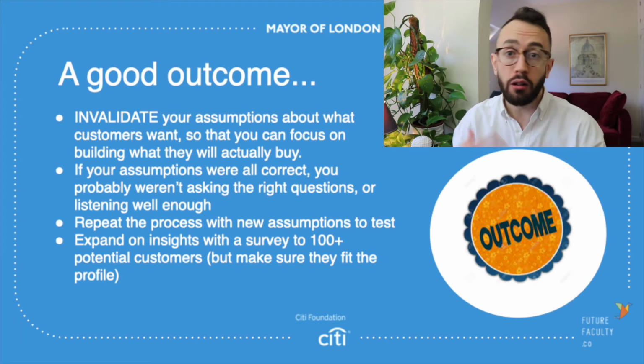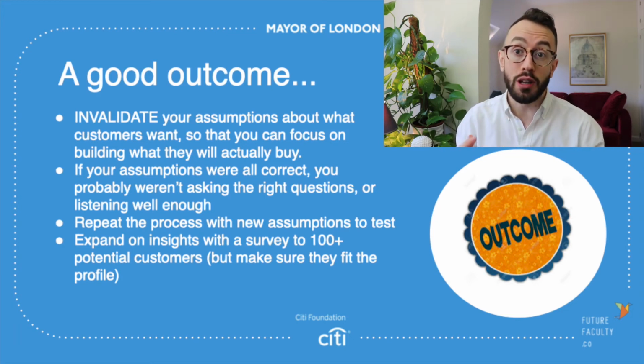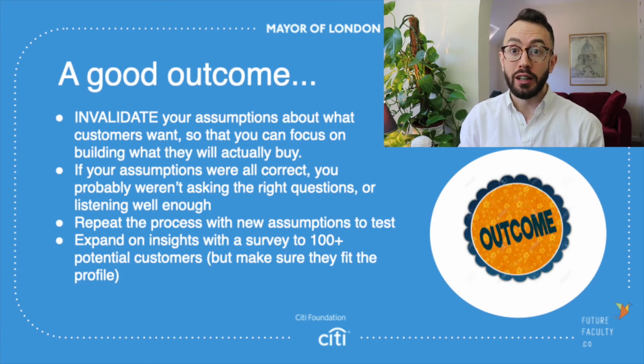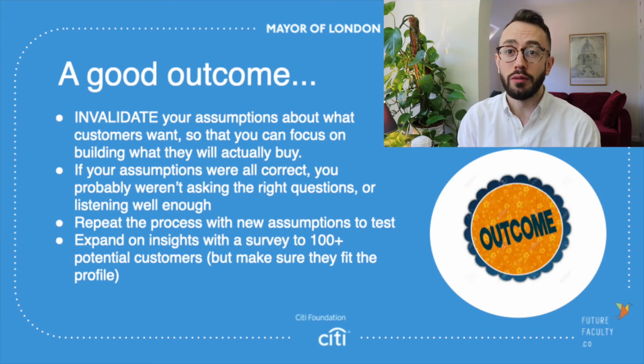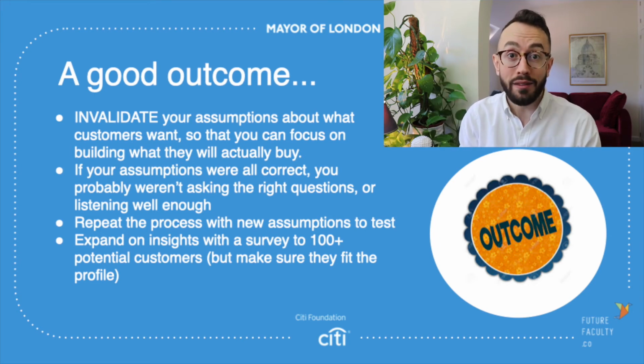So what do these good outcomes look like? You are validating or indeed invalidating your assumptions, your hypotheses, about what customers want. So if one of your hypotheses is that elderly people will be able to adopt any technology easily because they're desperate to speak to their children, and then only 1 out of 10 elderly people say they feel they would be able to break through technology barriers to communicate, you have a problem.